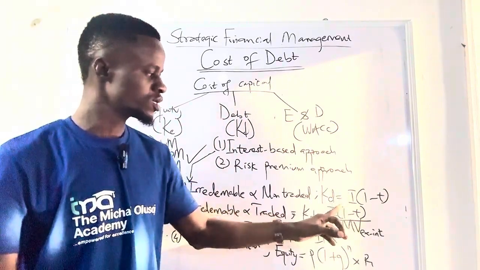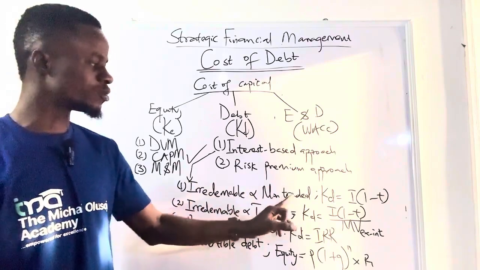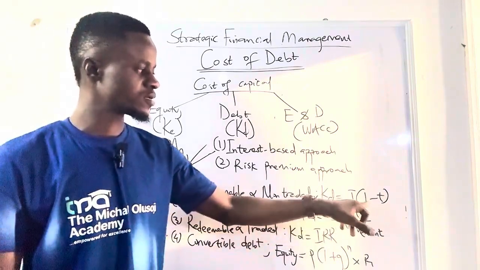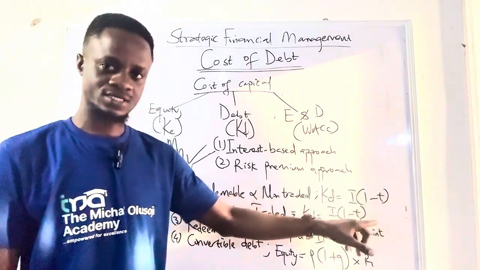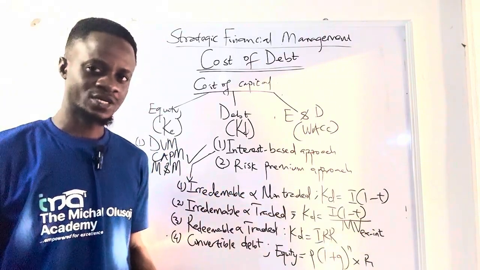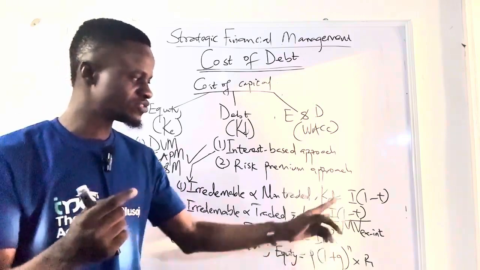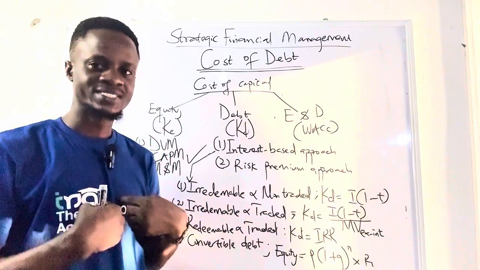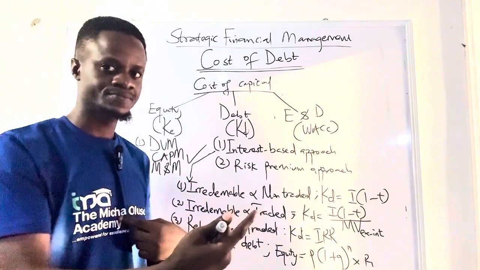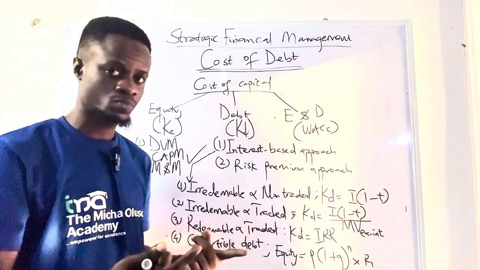So irredeemable and non-traded: interest, then consider post-tax, 1 minus T, where T is tax. Simple, right? Don't forget, what is the inflow? Interest is the inflow that the company paid me, the lender. I am the lender. I am the investor.